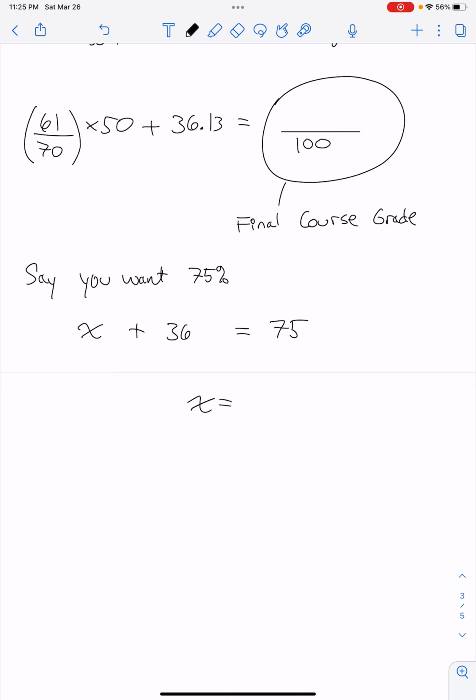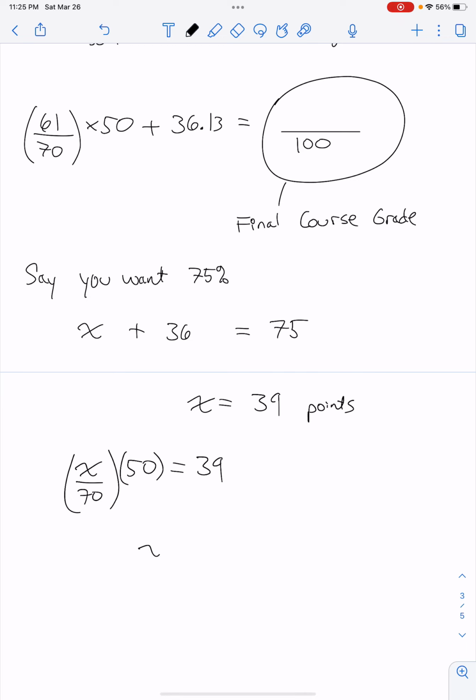So that means, we go to our calculator, 75 minus 36, that's 39. So you need 39 points. So if you want to know out of the amount the exam will be scored out of, x over 70 times 50, it's got to then be equal to 39.